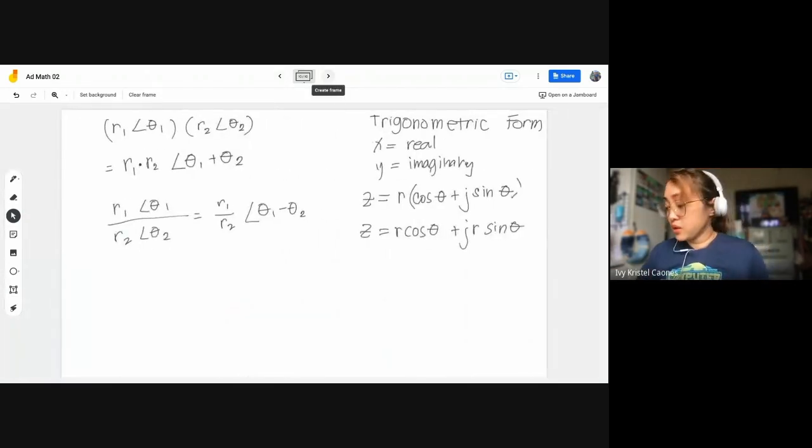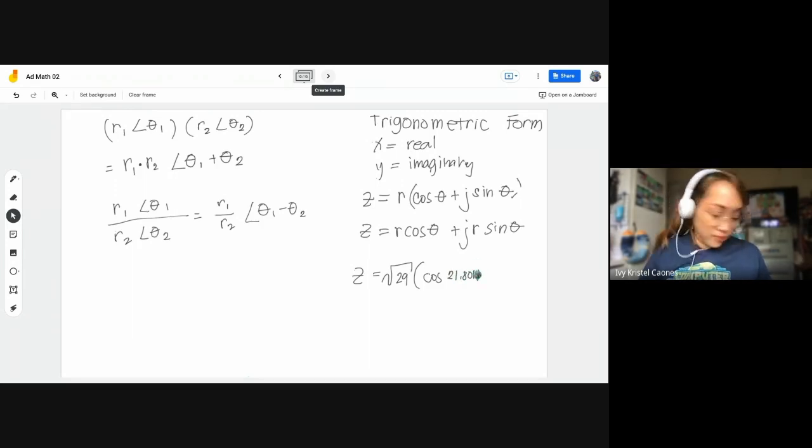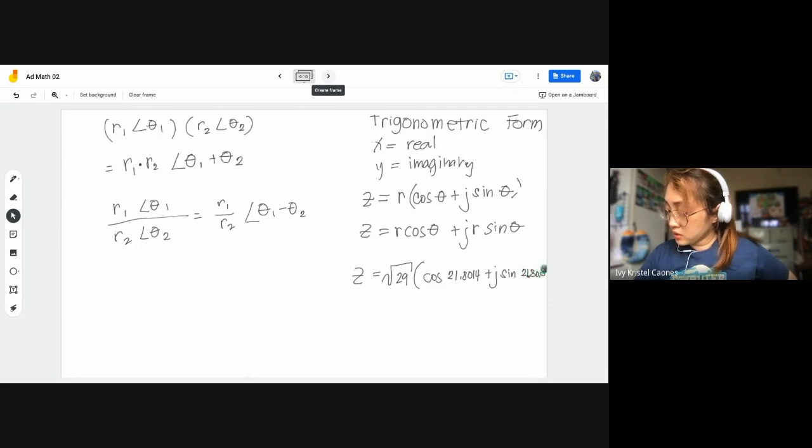Then it can be written in the trigonometric form as z equal to square root of 29 times cosine 21.8014, plus j sine 21.8014.